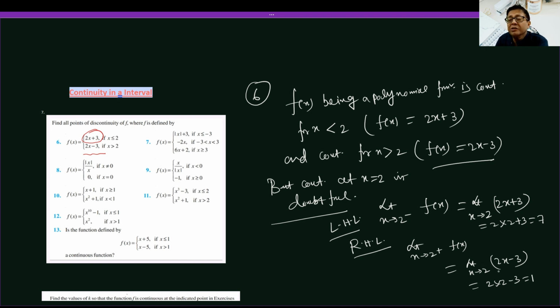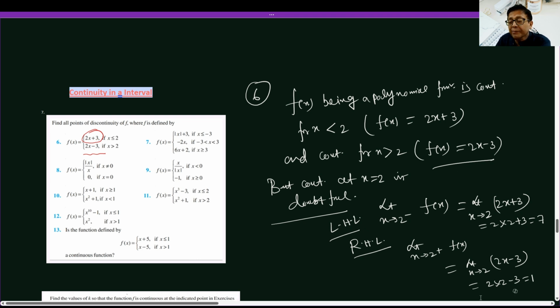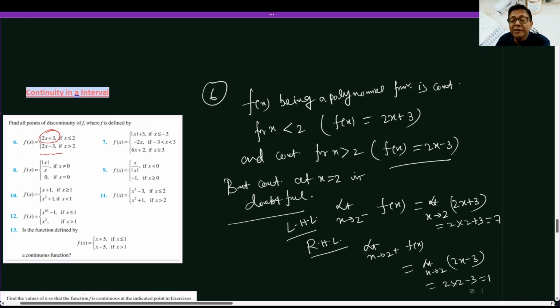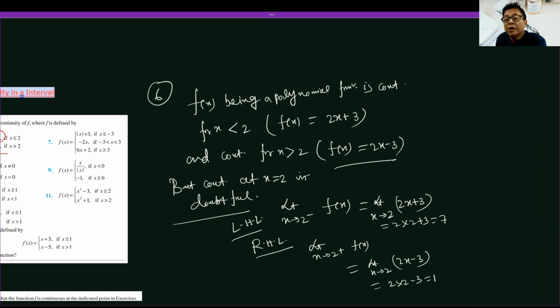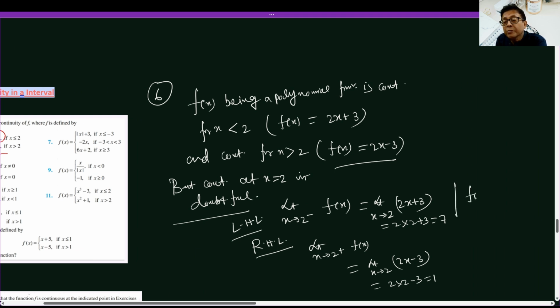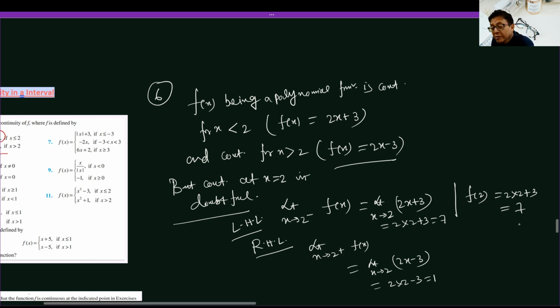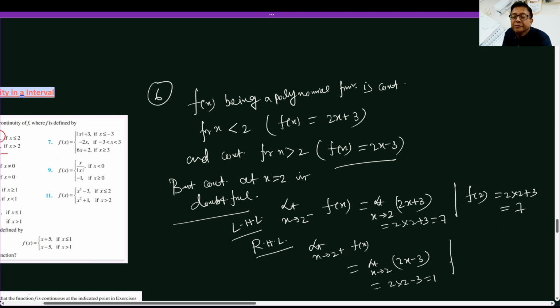f(2) I did not even need to see. Why? Because the limit is not existing. If the limit doesn't exist, the function will not be continuous. Although if you find f(2), that will be done with the help of this part, that is 2 into 2 plus 3, which is 7. So the limiting value and functional value, I mean the left hand limit and functional value, match, but the left hand limit and right hand limit do not match.